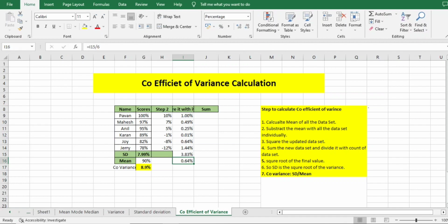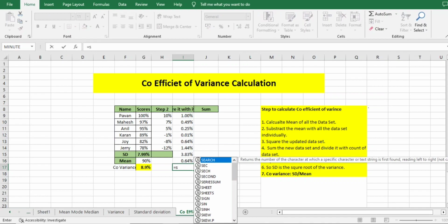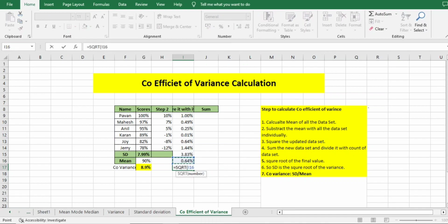This is the entire step for the variance. Now if I take the square root of this number, I will get the standard deviation. You can see that the numbers are the same, 7.9 and 7.9%. Okay, we got the same result as the calculation we did with the help of the Excel formula.